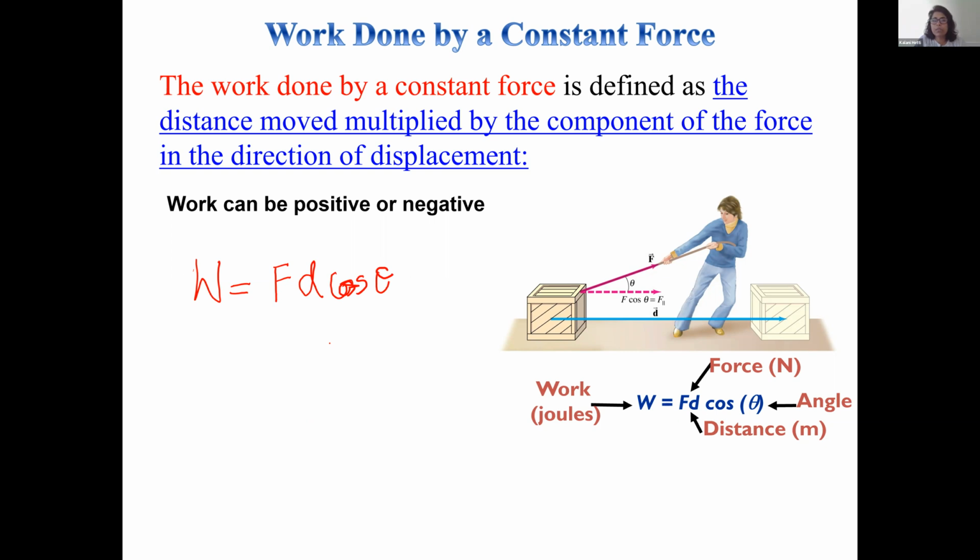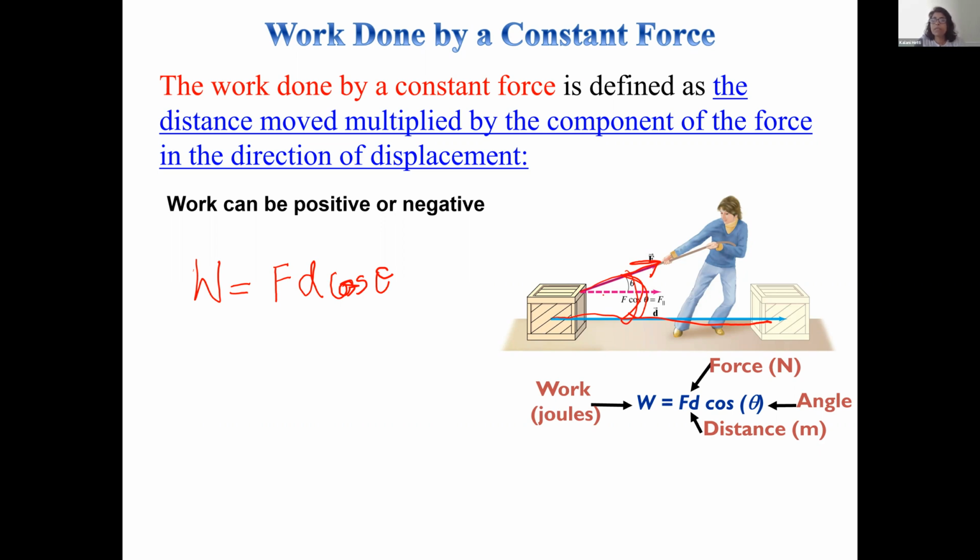Now as soon as you see this formula, cosine theta is the angle between force and the distance. In a simple example, you see that this lady is pulling using a force this way, so this object will go this distance. The angle between this and this will be basically this angle, right?